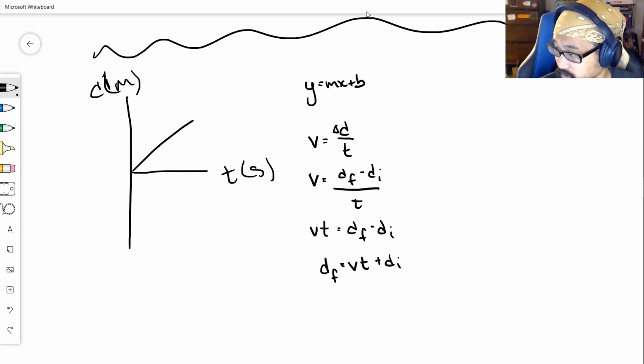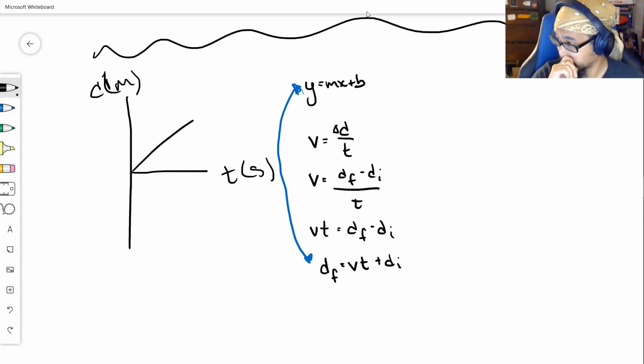And if you look now at a possible connection between these equations, you should see it. The final distance is our y value, right? The velocity is the literal slope. The x value is the time. And the initial distance is the y-intercept, right? Where does x equal 0? If x equals 0, that's your y-intercept.